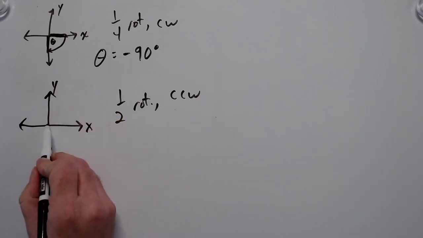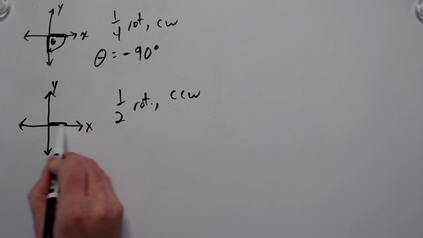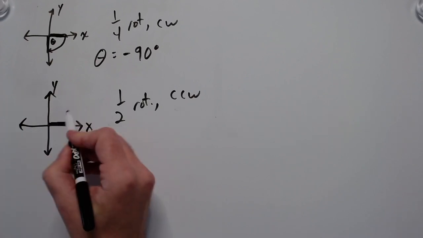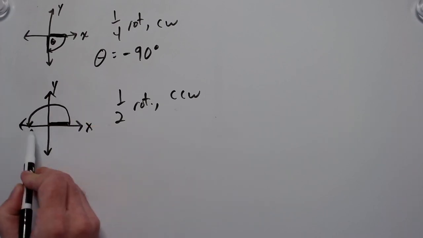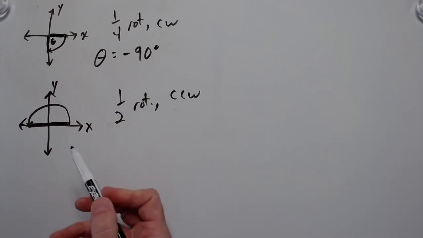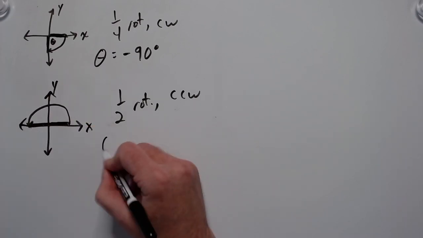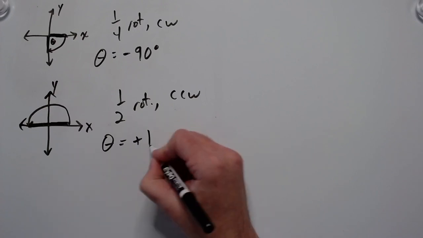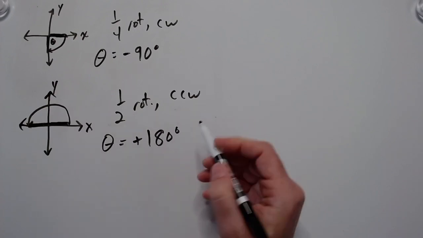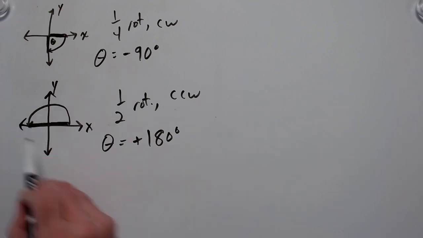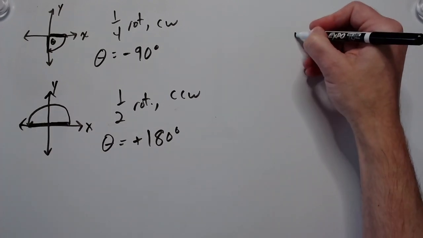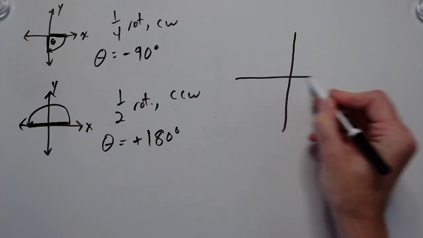So we're going to start from our initial side, our normal along the x-axis here, and rotate halfway around the circle, like this, to here. And this is like the example we saw in the slides. This would be a positive 180 degrees. You don't need to put the positive, but we're showing for example's sake, because it's counterclockwise, this is a positive measurement.